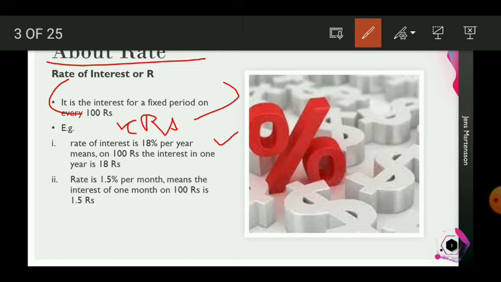On every 100 rupees, 100 being the minimum amount for investment here, that's why we have taken it as 100, the interest in 1 year is going to be 18 rupees.